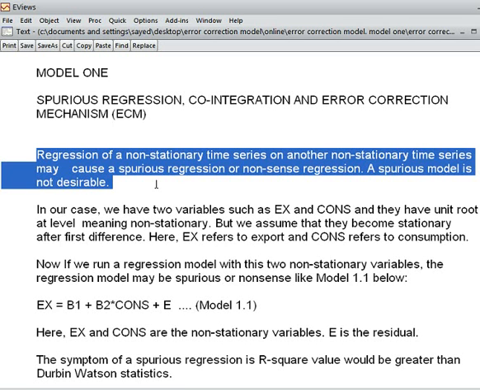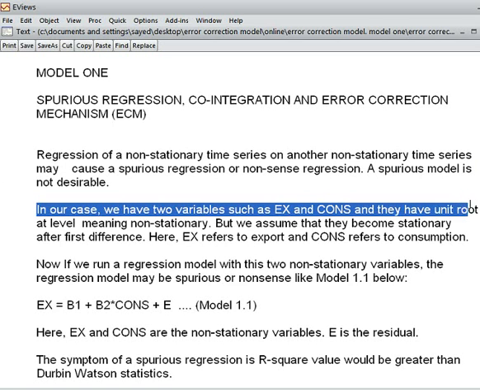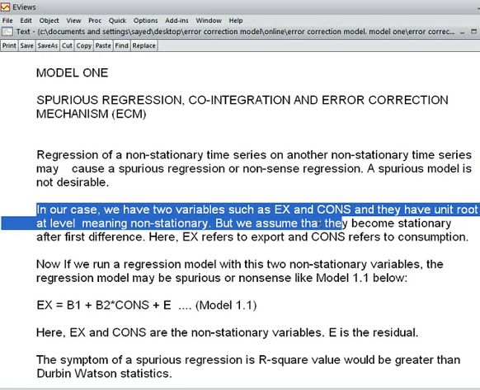Okay, here we talk about our model. In our case, we have two variables, ex and cons, and they have unit root at level, meaning non-stationary.